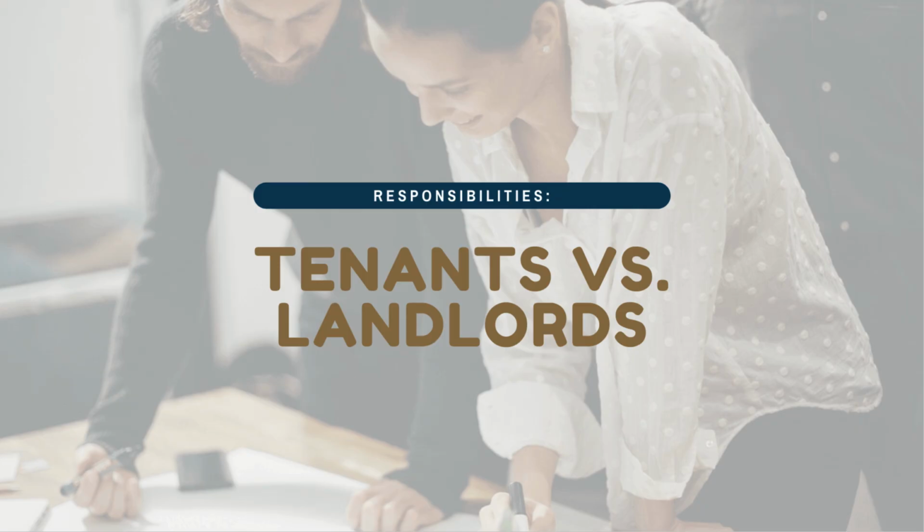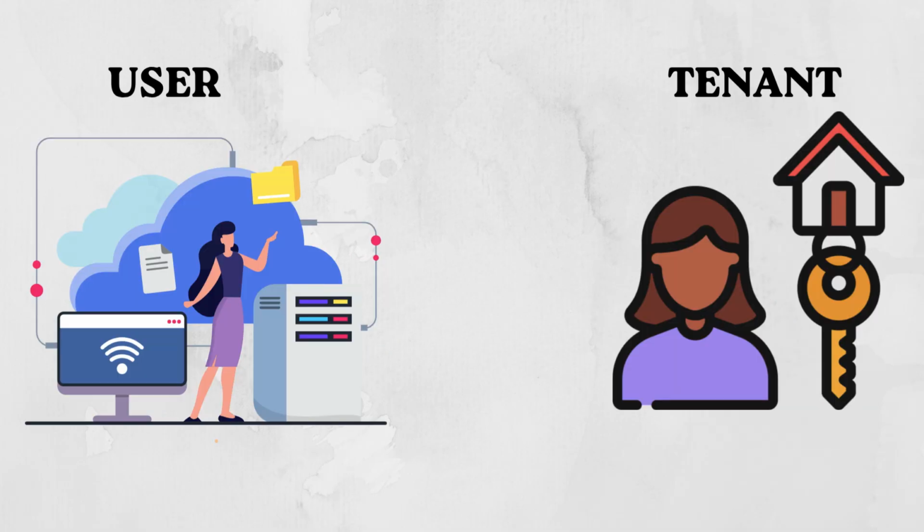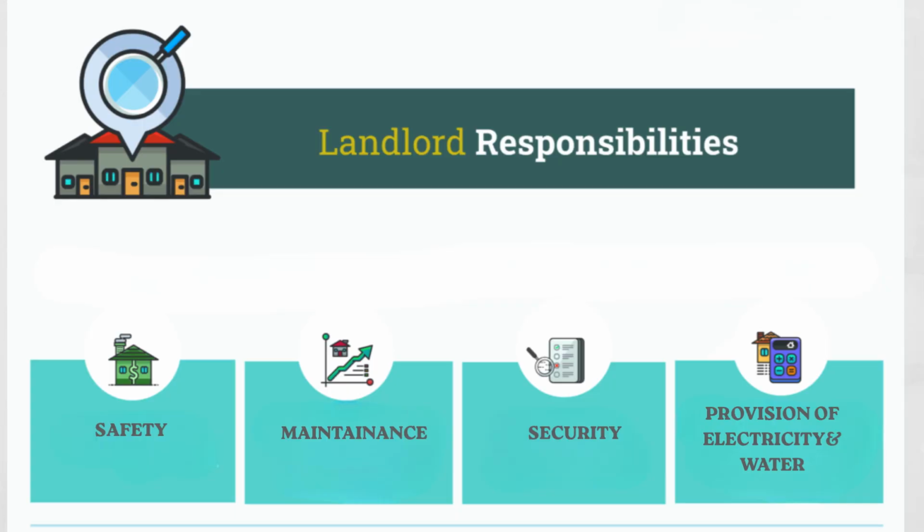To understand this better, let's use a simple analogy. Think of the cloud provider as a landlord and you, the user, as a tenant. The landlord's responsibility is to make sure the building is safe, the taps are running, and the electricity works.